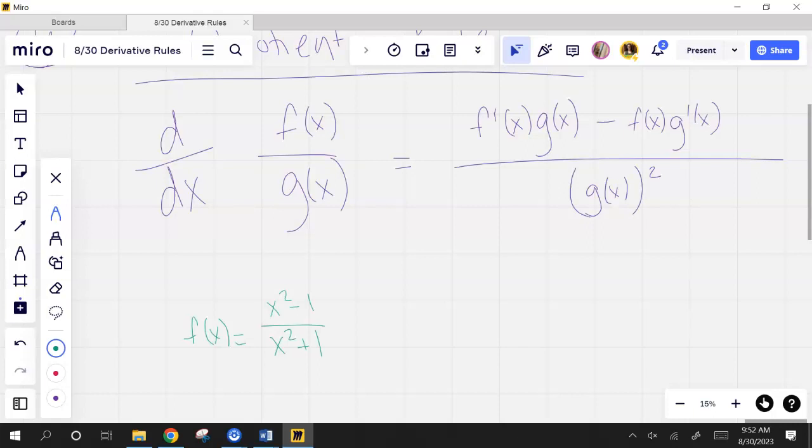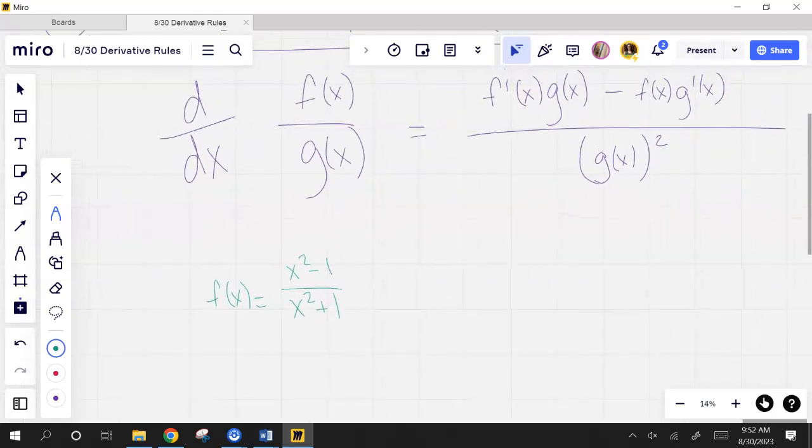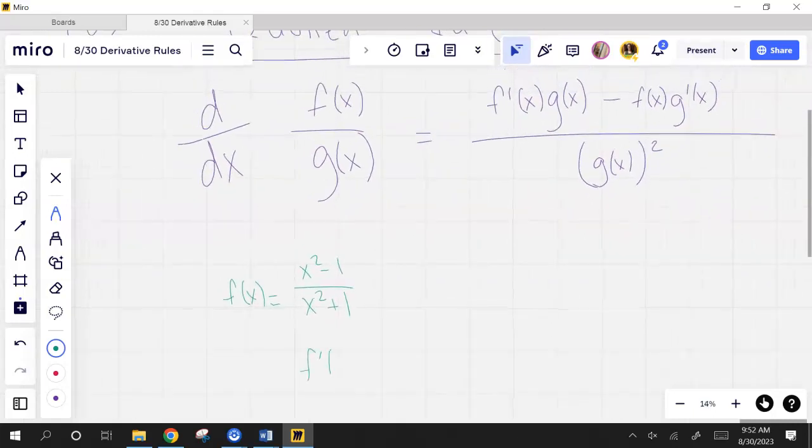F prime of x. So the derivative here of f. Once you get into it, I do a little sing song. I'm like, derivative of the top. Okay, derivative of the top, which would be what? 2x times the bottom, minus the top times the derivative of the bottom.